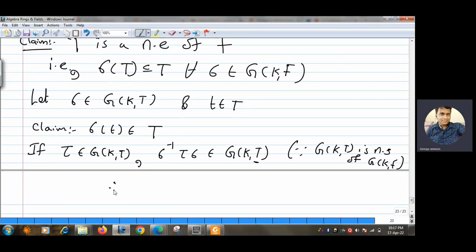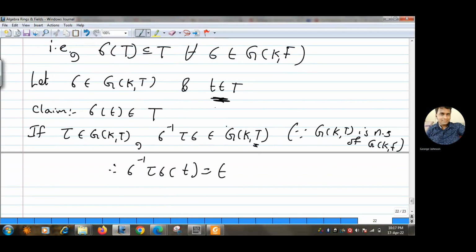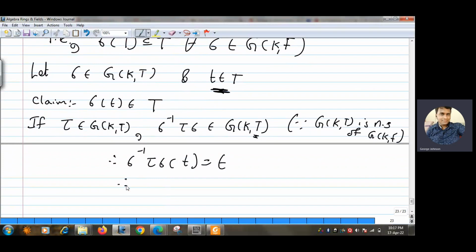And therefore I can say that sigma inverse tau sigma, because it fixes every element of T, will also fix this small t. So what I have is this: because sigma inverse tau sigma fixes every element of T, and this is an element of T, it is fixing that element. Okay. So from this I can observe that tau of sigma t is the same as sigma t.